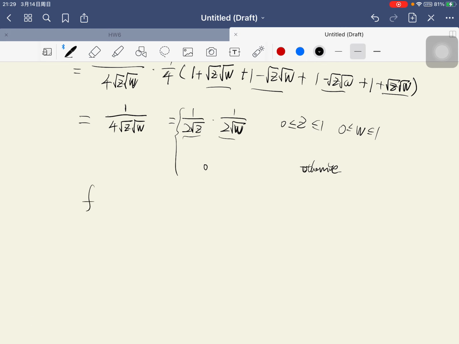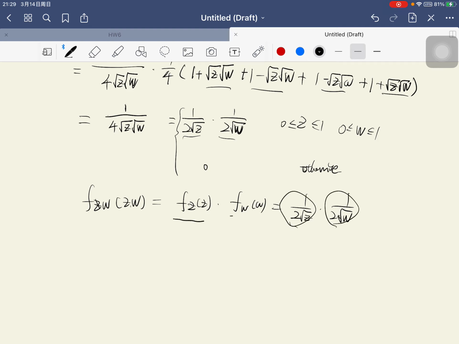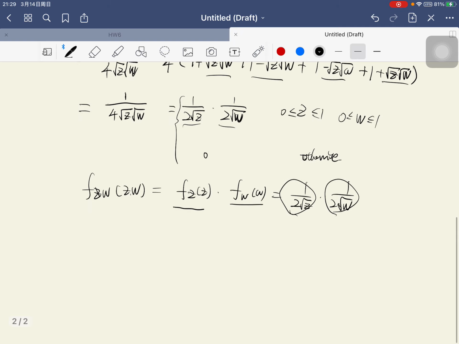So f_ZW is equal to f_Z times f_W, which is these 2 parts multiplied together. This part is f_Z and this part is f_W, and together they form the joint density function of z and w.